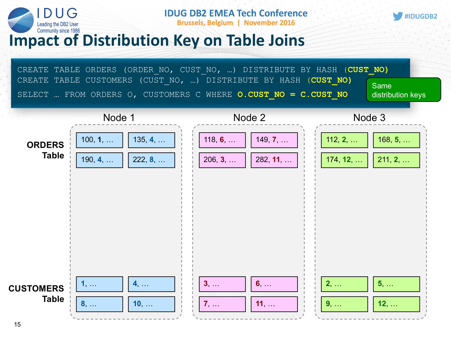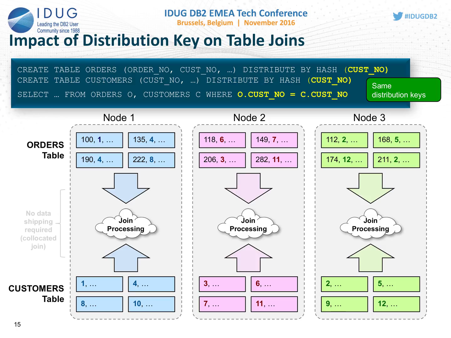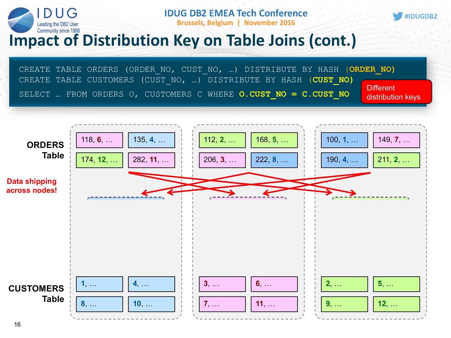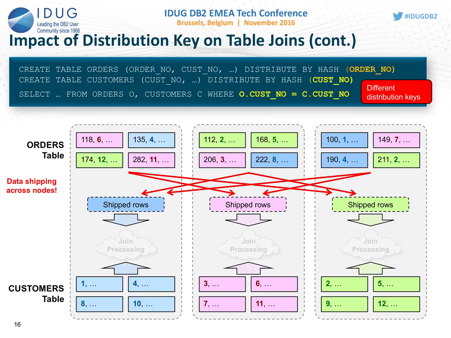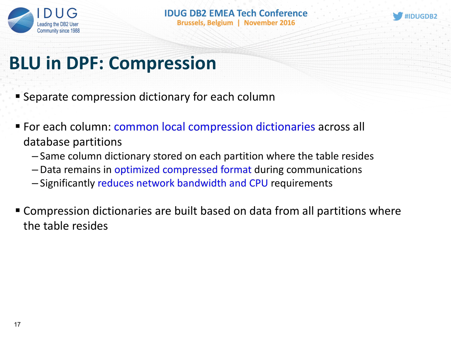Okay, compression. So compression continues to be very important for BLU, and with BLU in DPF, compression follows many of the same concepts as before. That is, in a BLU table, there's a separate compression dictionary for every column in the table.